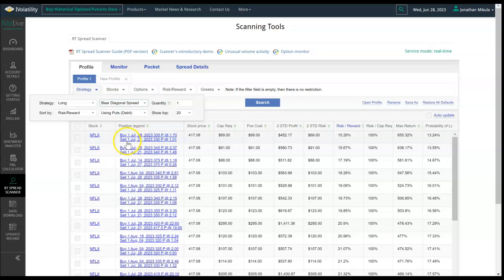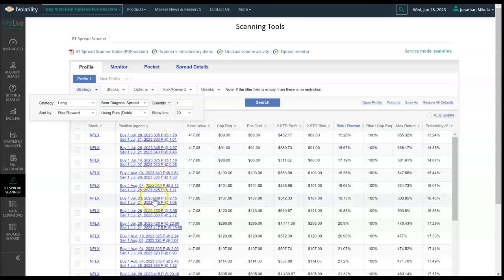So in this case, we'd want Netflix to close below $330 a share by July 21st. And then we would want it to continue lower through July 28th. That way, we could maximize the potential of both legs of the trade.